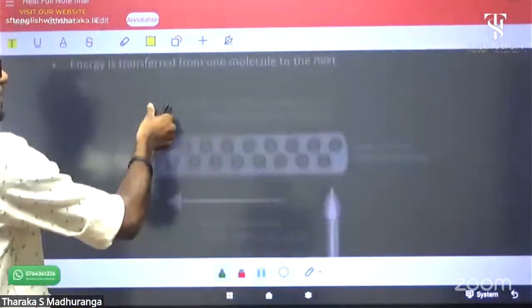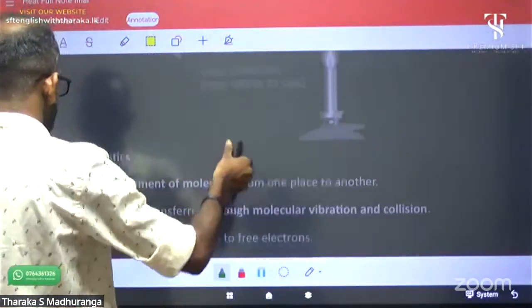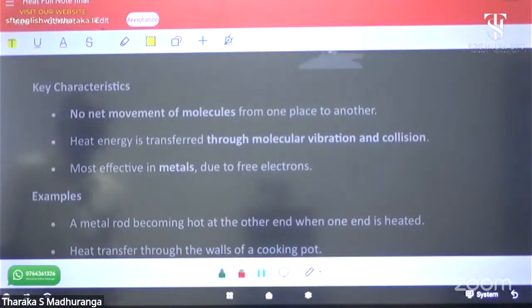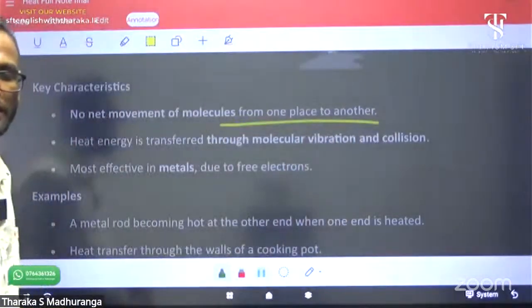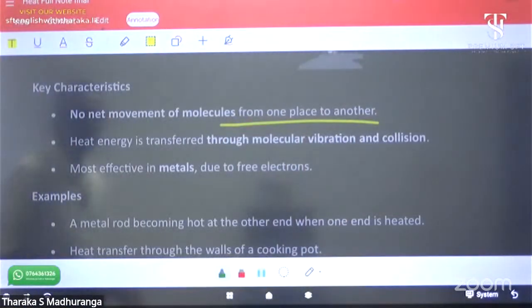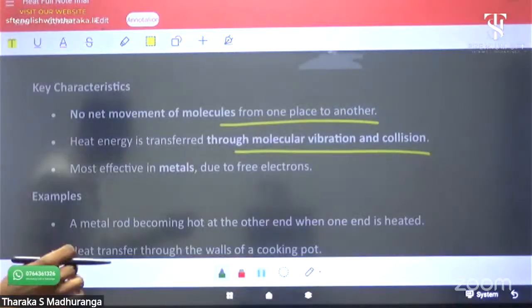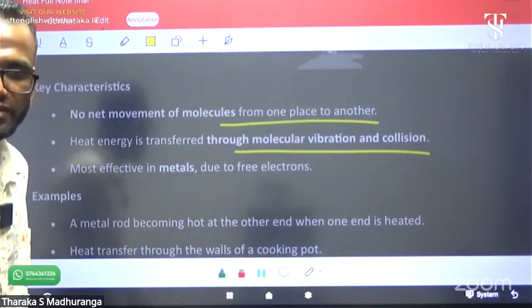That's conduction. No net movement of molecules from one place to another. Heat energy is transferred through molecular vibration and collisions. Molecules vibrate and collide with nearby molecules, and again the same process, right?